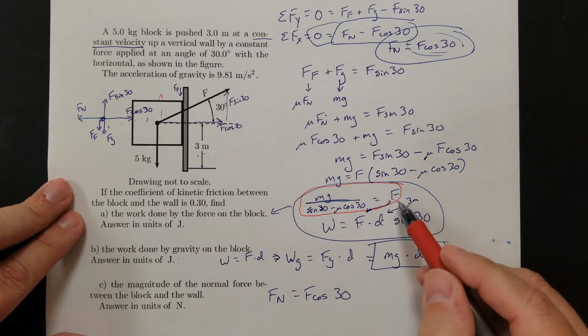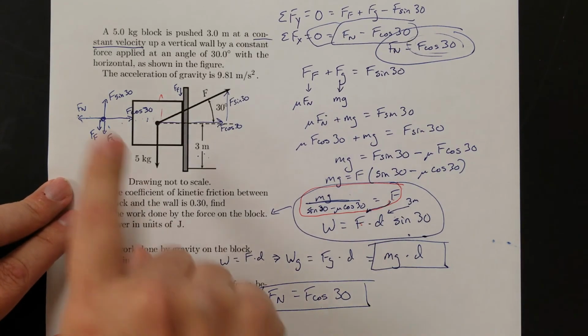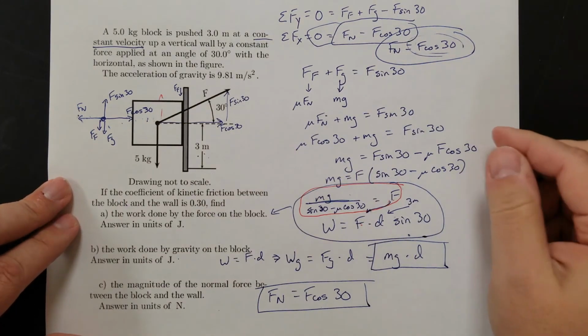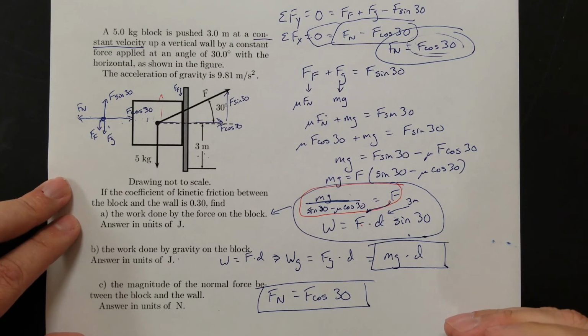So for part 3, I can do the same thing. I can take the F that I got here and plug it in here, and that'll give me my normal force. So again, start by drawing a free body diagram and equations, and then from there it was just algebra to figure out the stuff that I need.